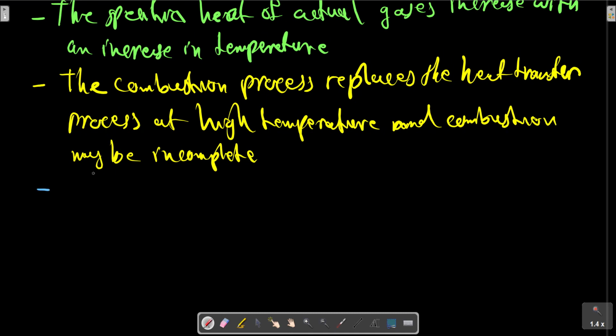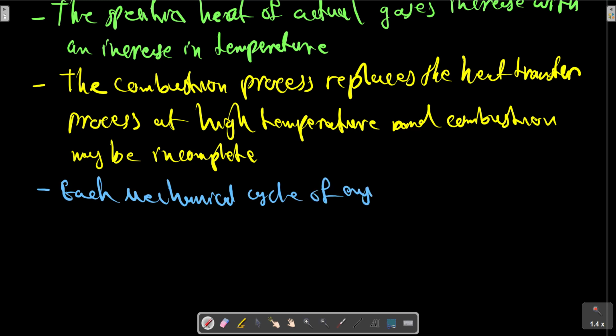Each mechanical cycle of the engine involves an inlet and an exhaust process.